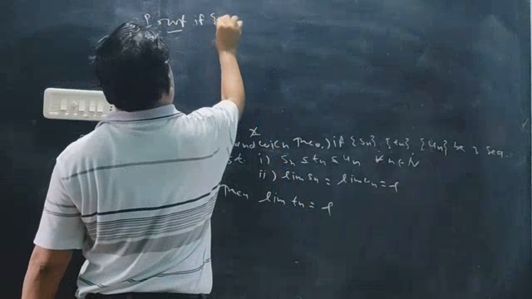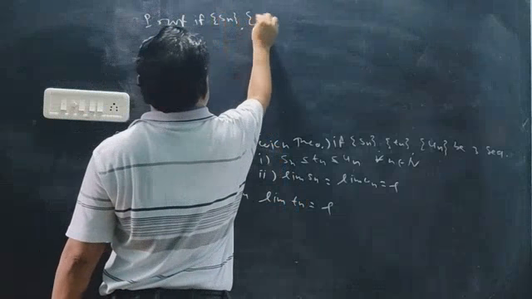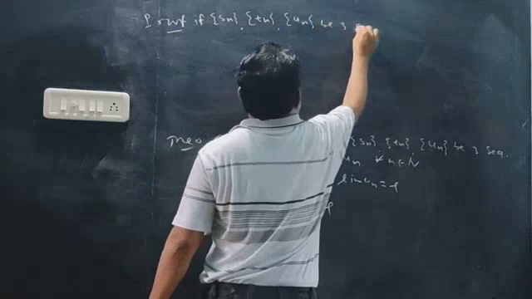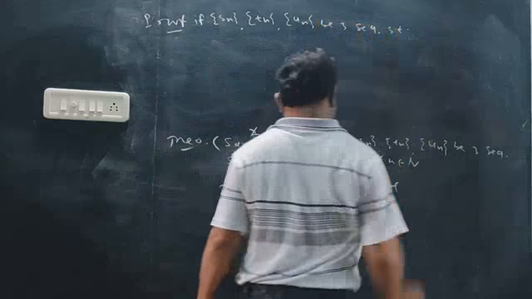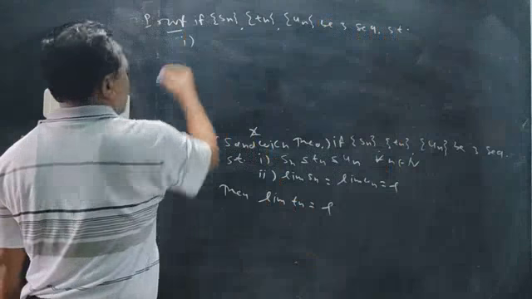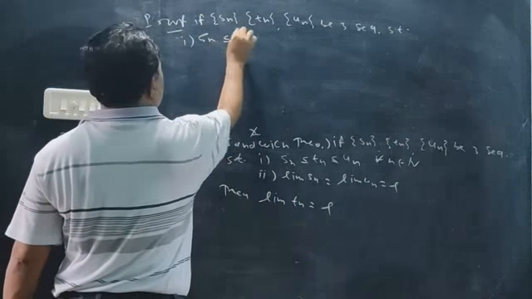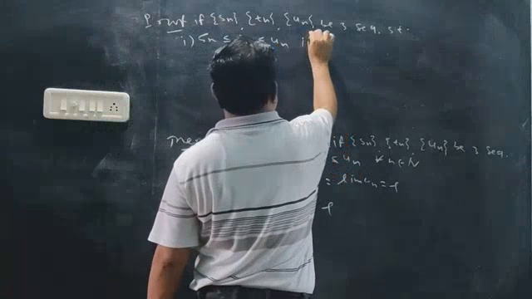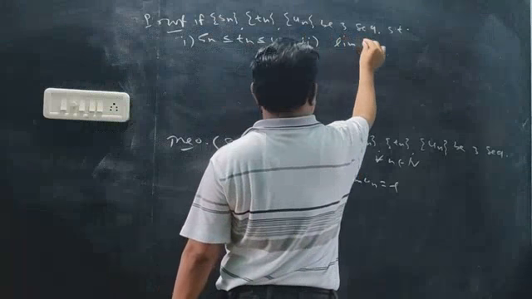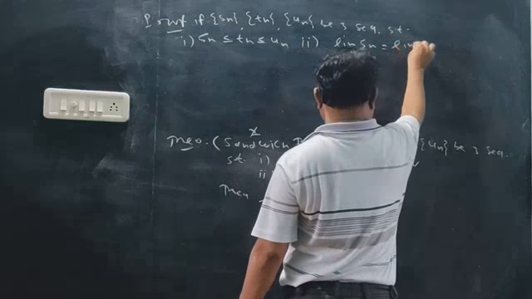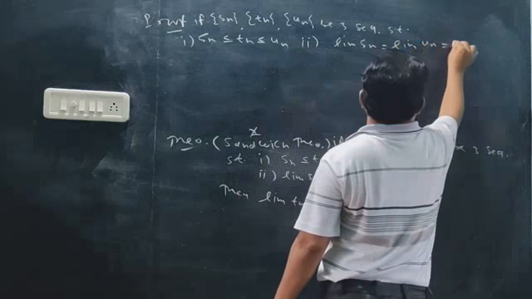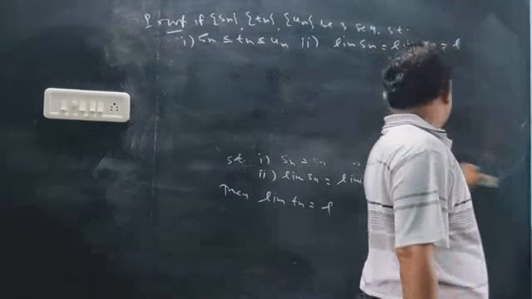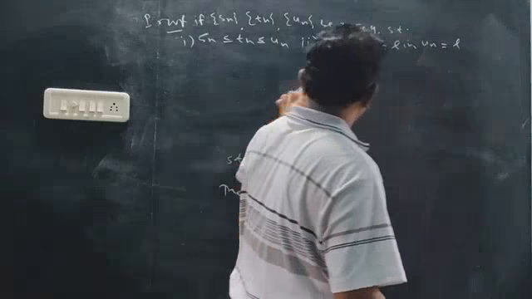So if sequence Sn, sequence Pn and sequence Un are three sequences such that first, Sn is less than Pn is less than Un, and second, the limit of Sn and the limit of Un is L, then the limit of Pn is also L.